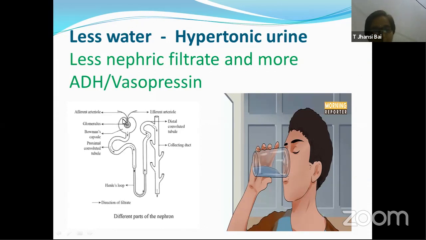When blood volume is less, pressure is also less. If pressure is less, the filtration rate also goes down. If filtration rate goes down, obviously the amount of urine output is also less. So this is what happens. That means less water intake, less urine output.